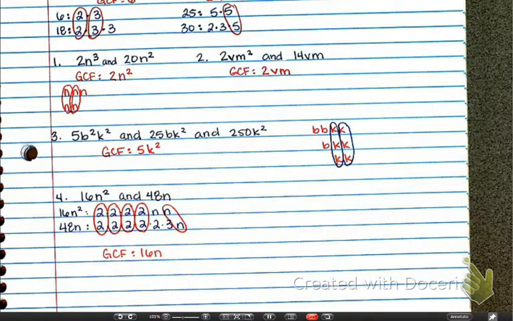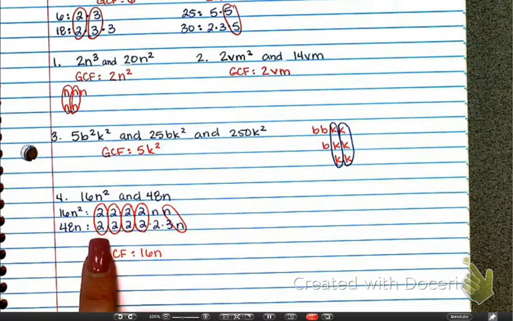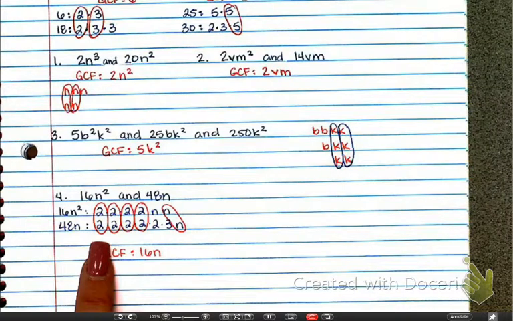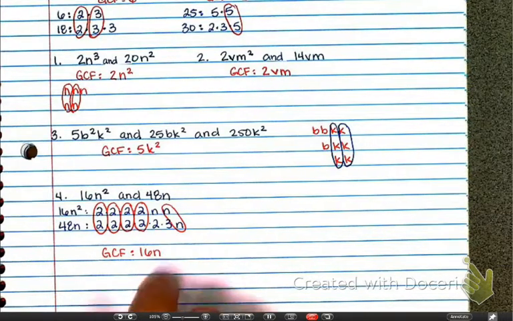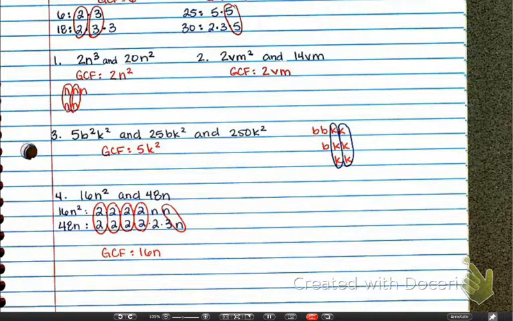Did you say it's extra to show you like that? Okay. So listen, you do not have to do this. I'm not telling you that you have to do this. I'm showing you that if you can't figure out what the greatest common factor is, there's a way to do it without just making stuff up.